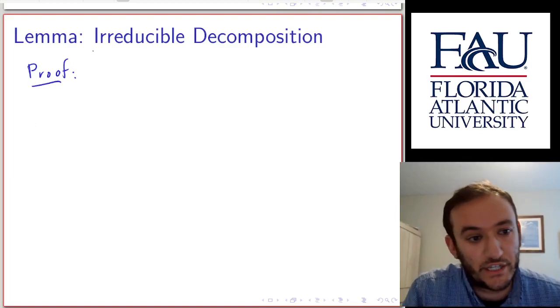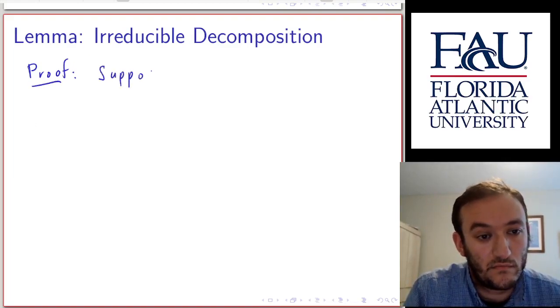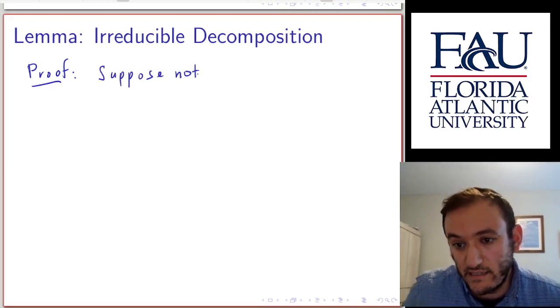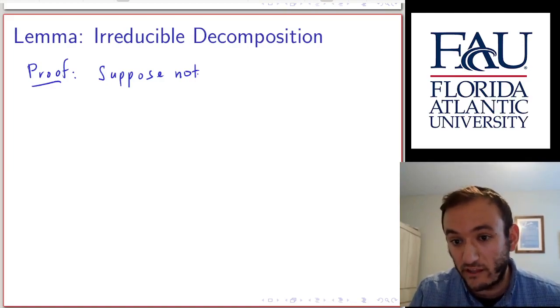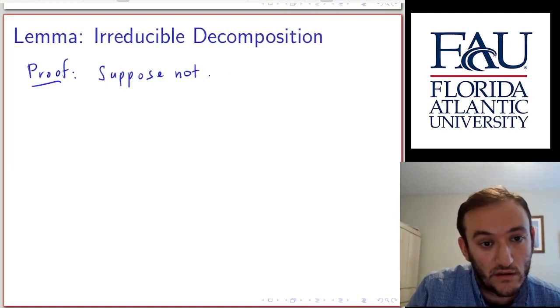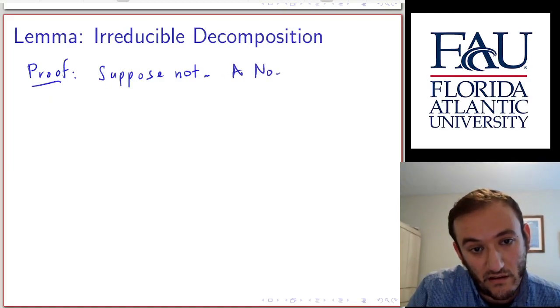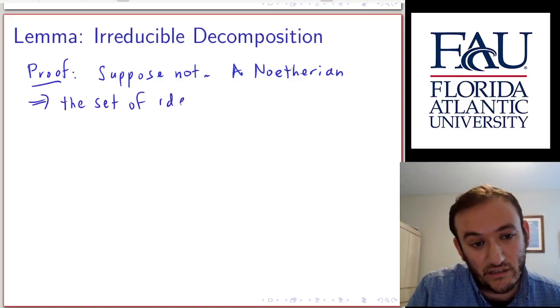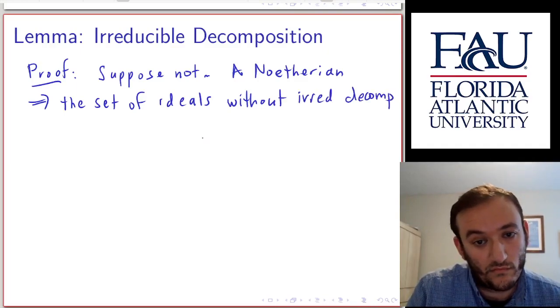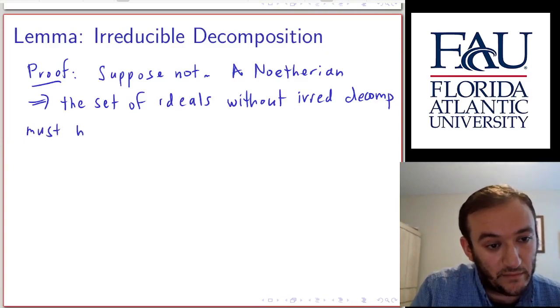We'll argue by way of contradiction, so suppose not. That means we have a non-empty set of ideals that can't be written this way, which means that collection of ideals has to have a maximal element by the Noetherian maximal condition. So the fact that A is Noetherian implies that the set of ideals without irreducible decomposition must have a maximal element.